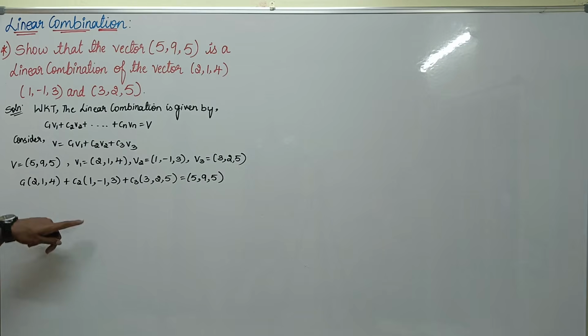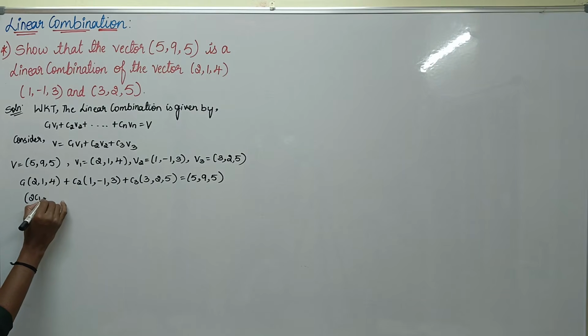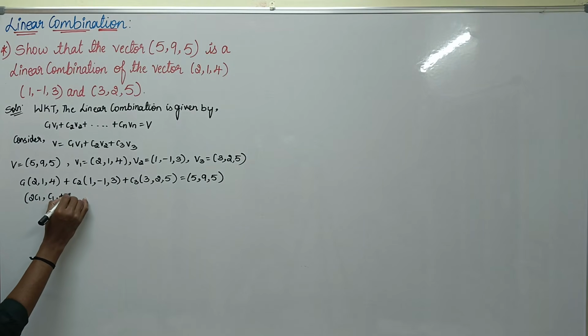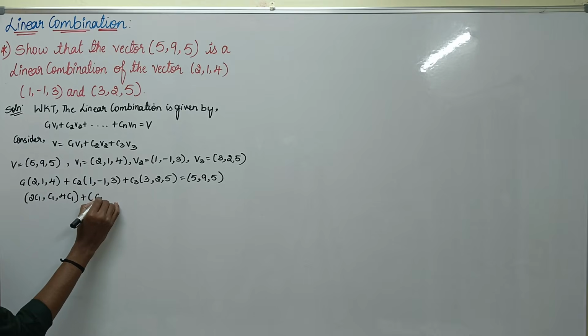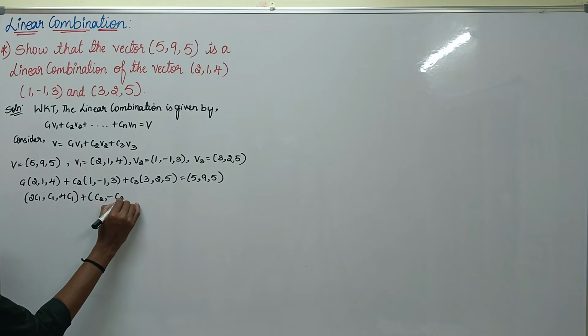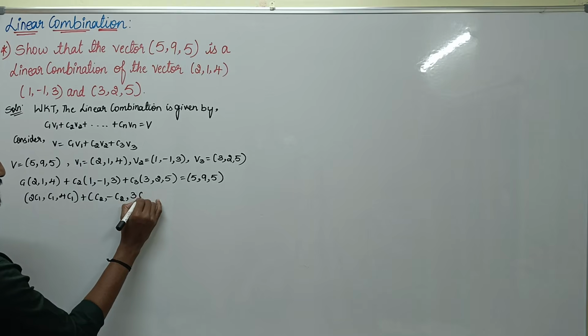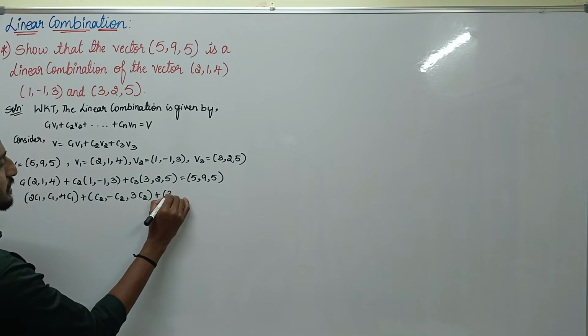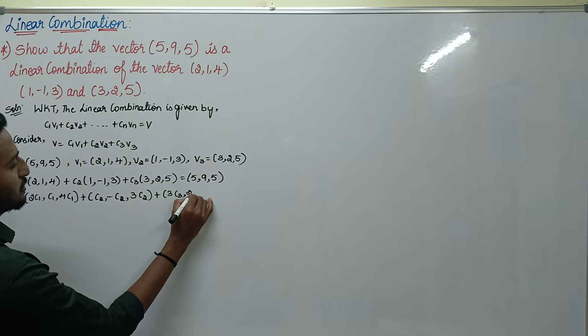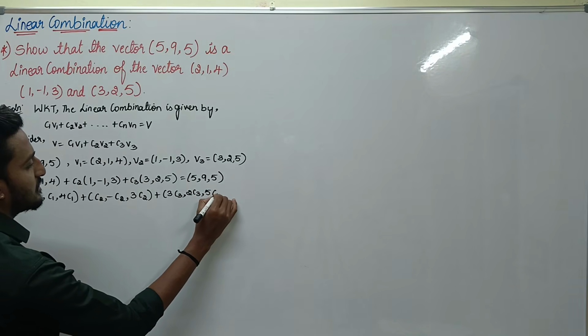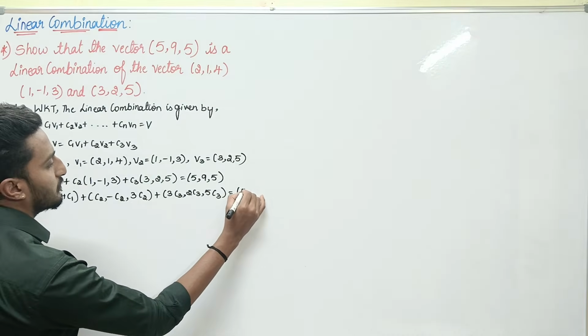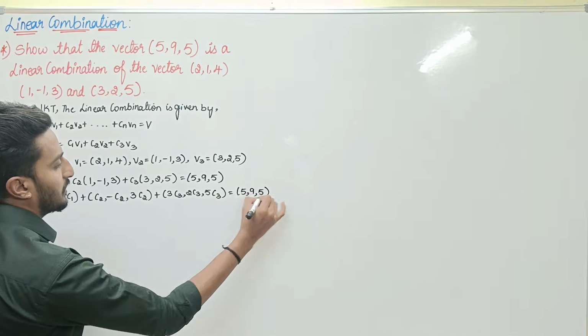Now multiply the scalars. That is 2C1, C1, 4C1 plus C2, minus C2, 3C2 plus 3C3, 2C3, 5C3 equal to 5, 9, 5.